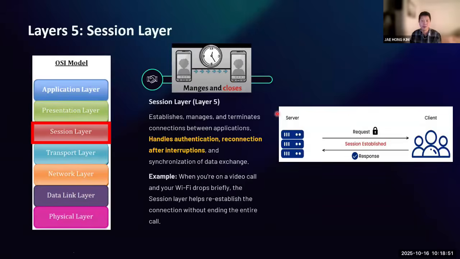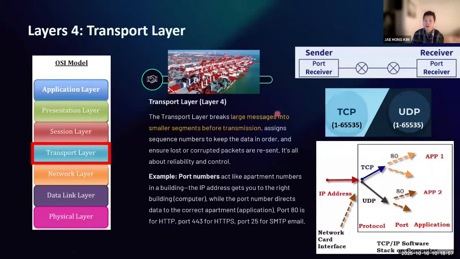Now we are going to move to the transport layer. The transport layer is a very important layer, because it breaks large messages into smaller segments before transmission. In the transport layer, there are two very important keywords, TCP and UDP.